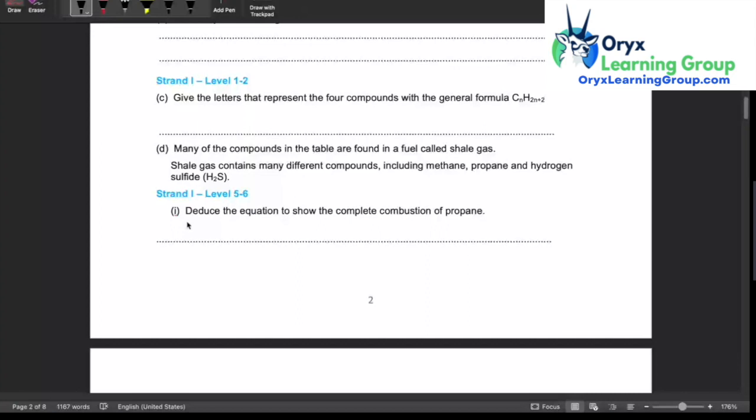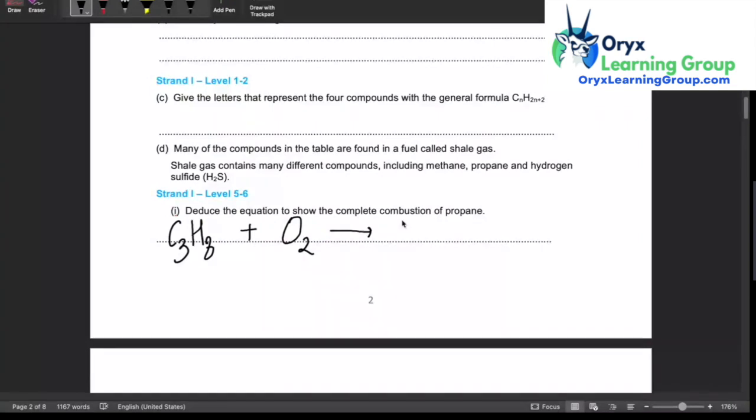Sarah, do you agree with that? No, I think it's C3H8. To show the full combustion reaction of propane: C3H8 plus O2, and then the products will be CO2 plus H2O. Correct. Very good.